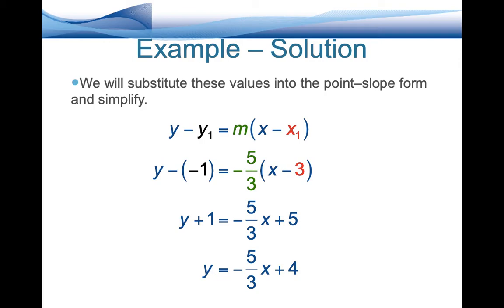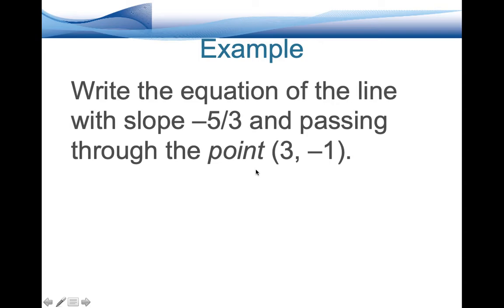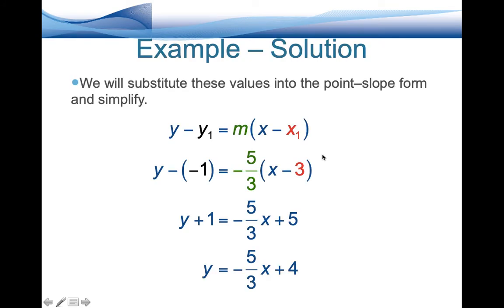So that's where m goes, negative 5 over 3. So we plug that there. And then the point itself was 3, negative 1. So the x1 is 3, and the y1 is negative 1.